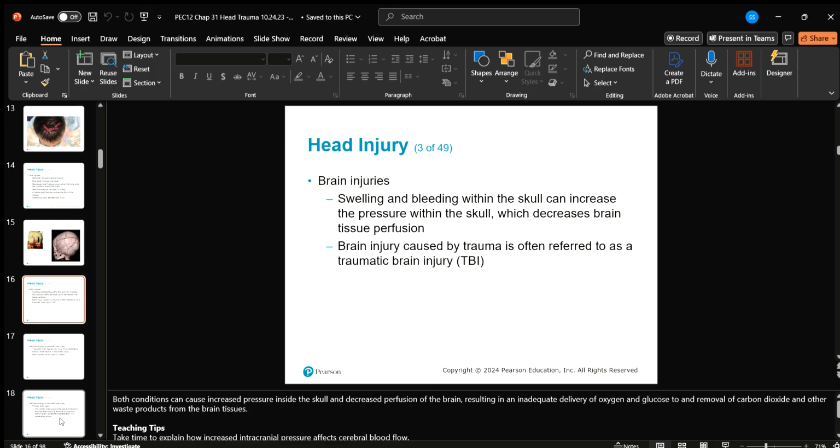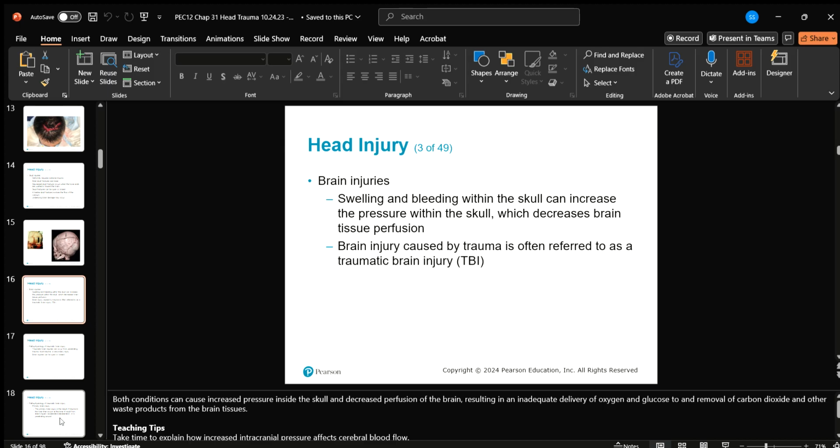So maybe there's no trauma to the brain, but that blood is going to cause what? A buildup of pressure. That blood is going to cause a buildup of pressure because there's only so much room for the brain to go. So what happens when the brain continues to bleed and bleed and bleed? The pressure is going to build up, and it's going to cause everything we were talking about before, that herniation of the brain. But then you can have other injuries.